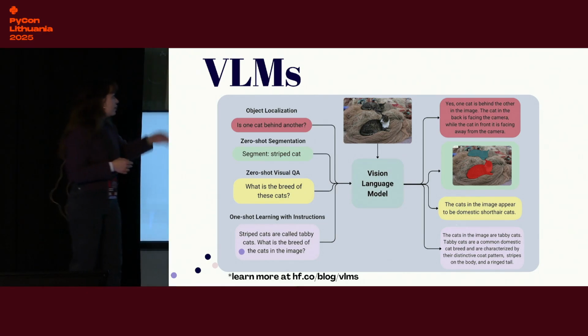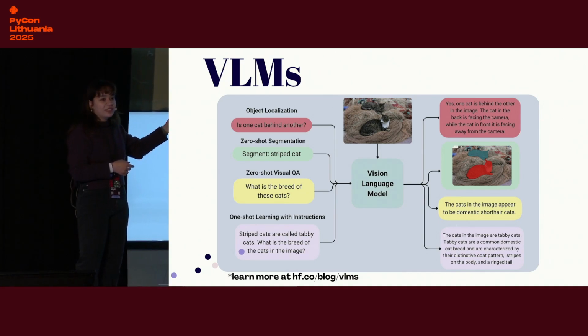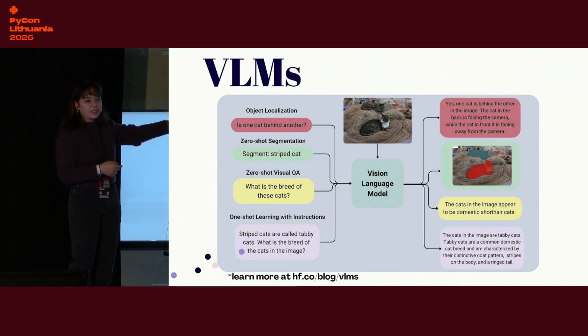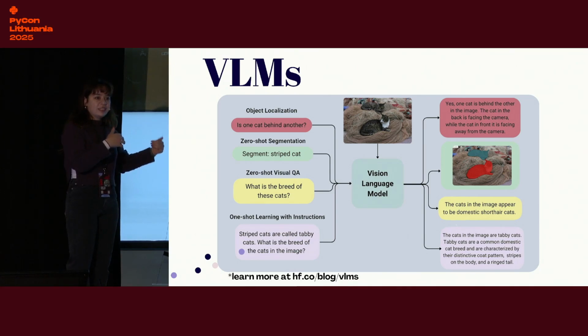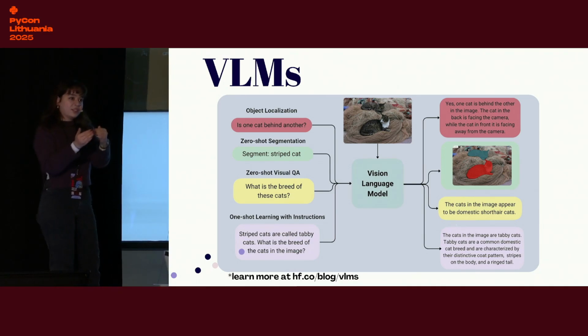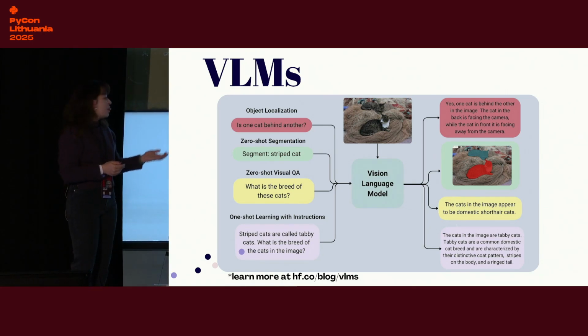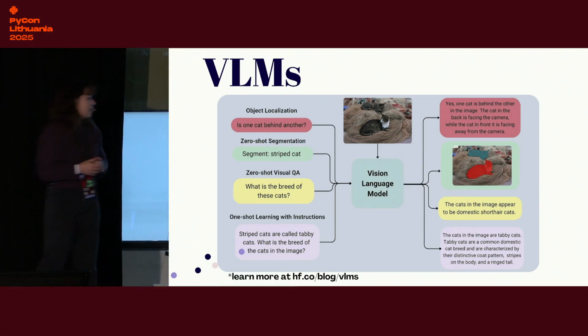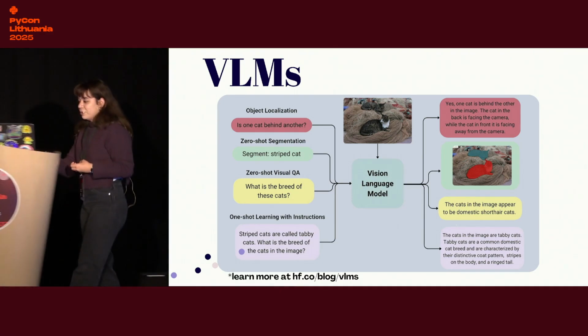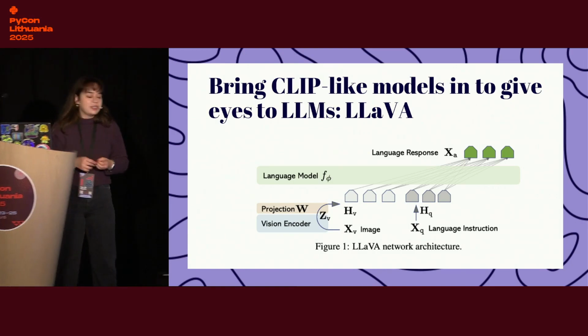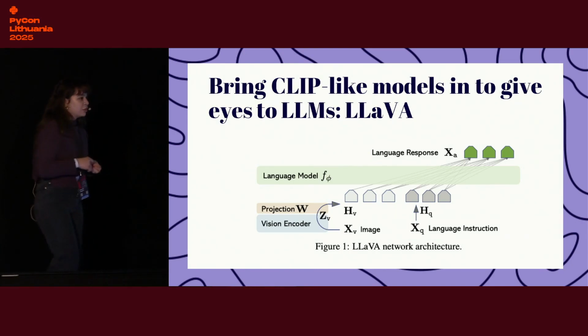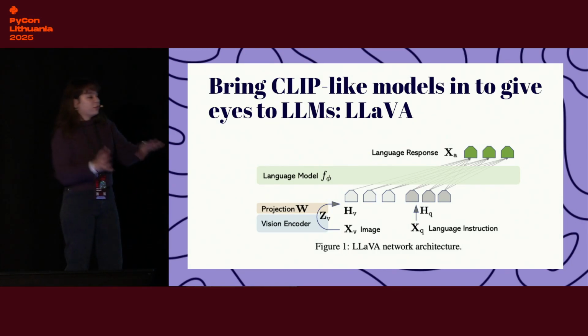You can say the cat that sits on the net, and it will still predict, because the text is encoded. Just like in CLIP, the text is encoded and the segment is encoded, so they are sort of matched. You can ask questions about the image, about documents, and so on. The possibilities are endless.